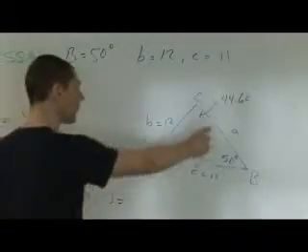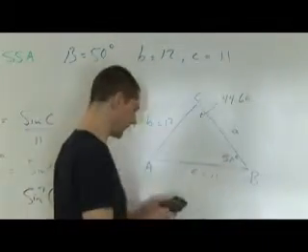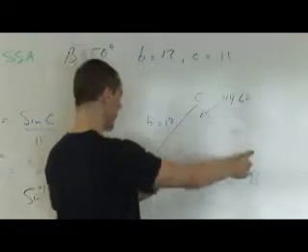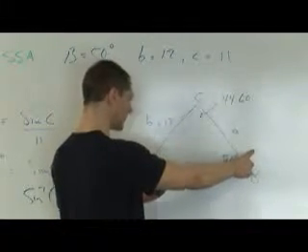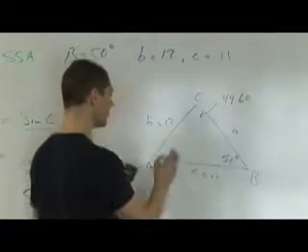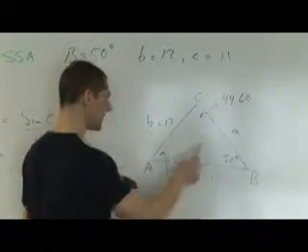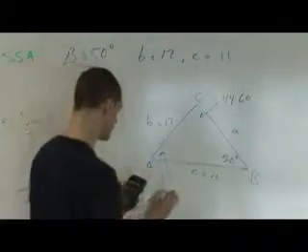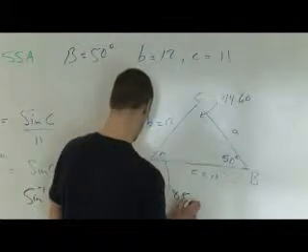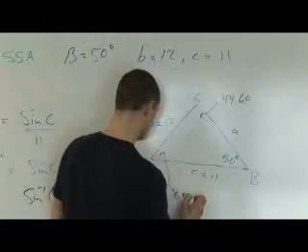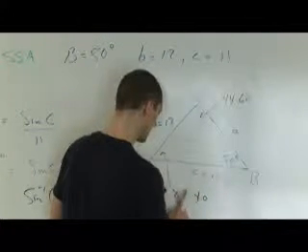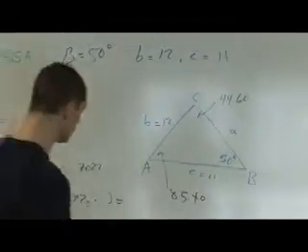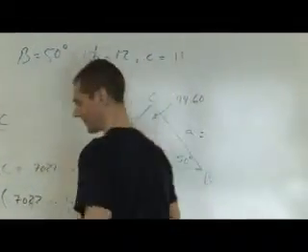If that is 44.60 degrees and this is 50, these two add up to 94.6 degrees and change. So this right here is 180 minus this, 85.4 degrees. Okay, so now what is sine A equal?